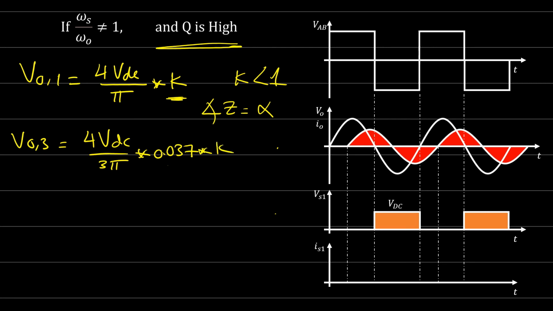So it will be even smaller than the previous one, and this is at Q factor equal to 10. So we can simply say that the third, fifth, seventh, how much?